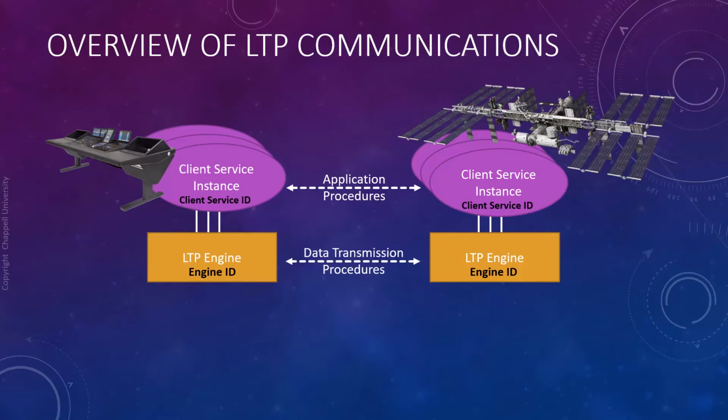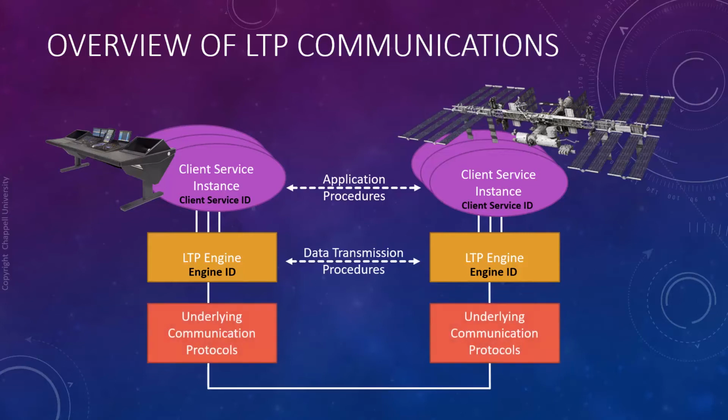You have a client service ID number also identifying the application up above, and you have an engine ID number on each side as well. And then below that we have UCP, or the underlying communication protocols, and that may be RF, radio frequency. Who knows? We're doing all this work with experimenting with laser comms. So whatever that underlying communication protocol is.